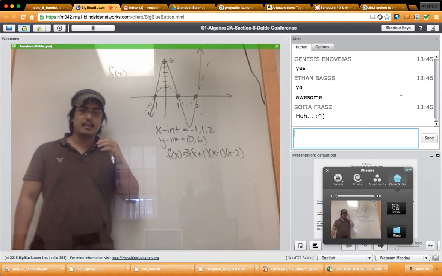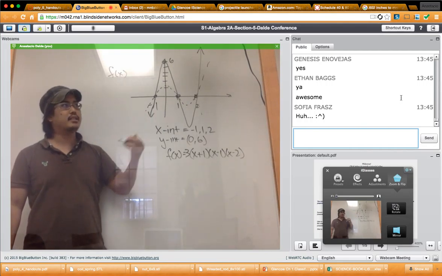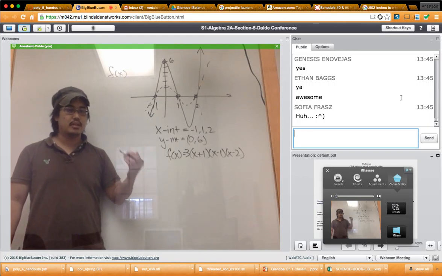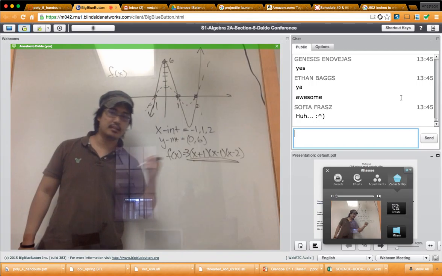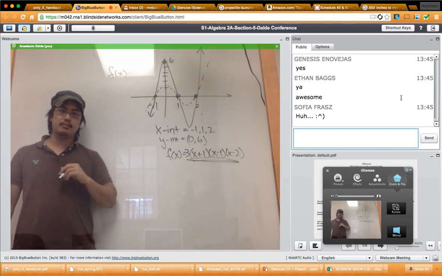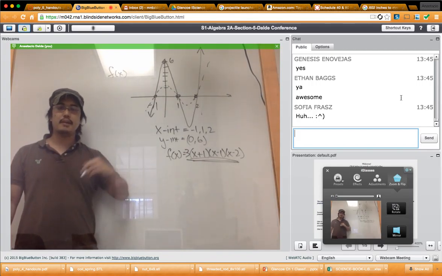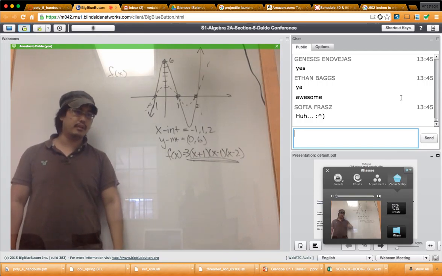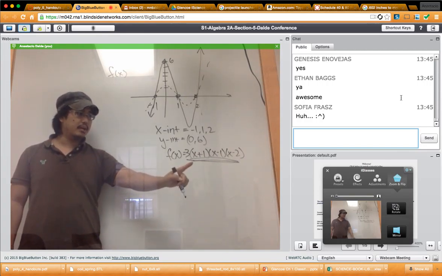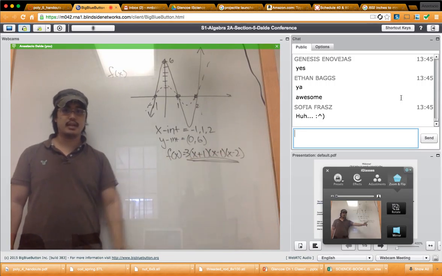But in asking you to give it to me in an answer, the hard part is I can't tell the computer for you to plug this in. You see what I mean? So what I might ask you to do, and I think I do this in the homework, is let's FOIL out this entire thing.